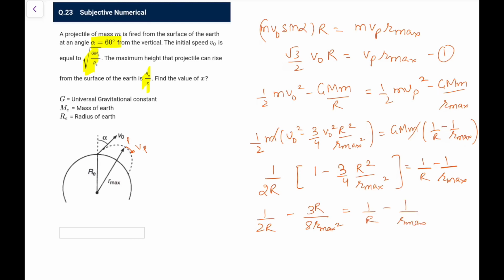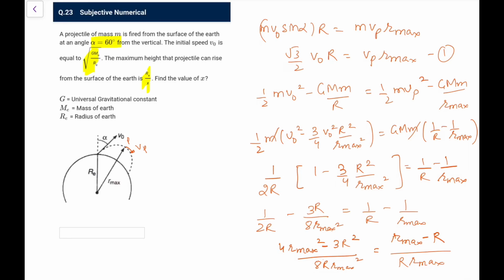Yes, GM gets cancelled from that equation. Taking the LCM and simplifying, 4 r max square minus 3 r square upon 8 r max square is r max minus capital R upon r max.